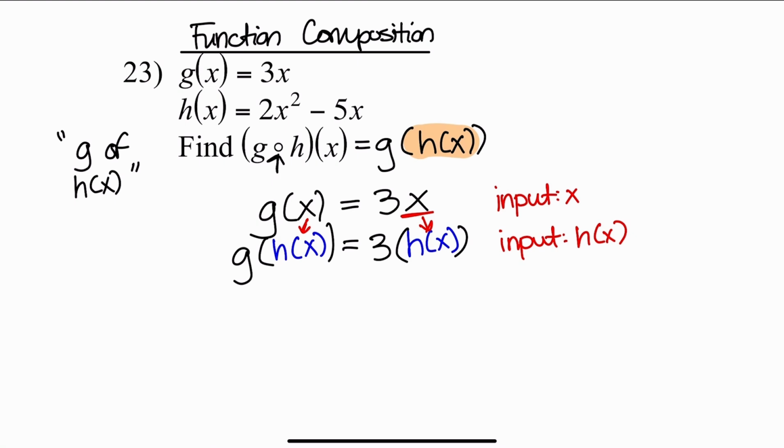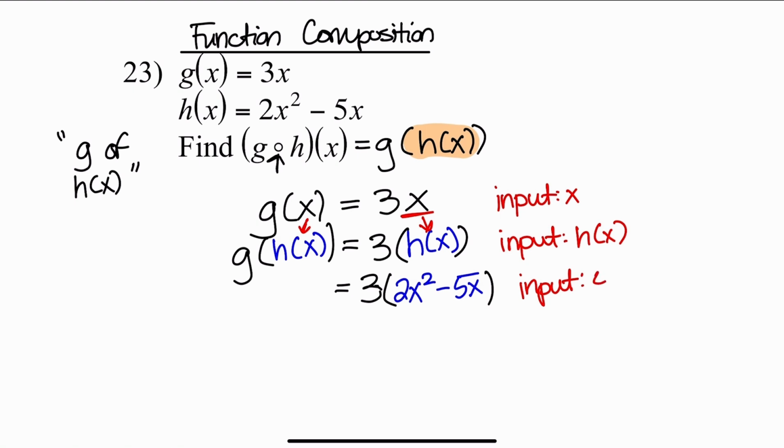And what is h of x? They told us that. We can actually plug it in. 3 times this beautiful function, 2x squared minus 5x, okay? We have inserted h of x into x's place, and now we're telling ourselves, hey, we know what h of x is. We don't have to hide from it.